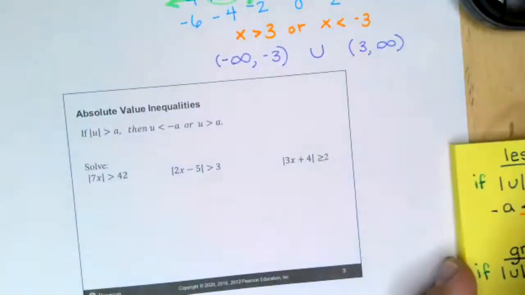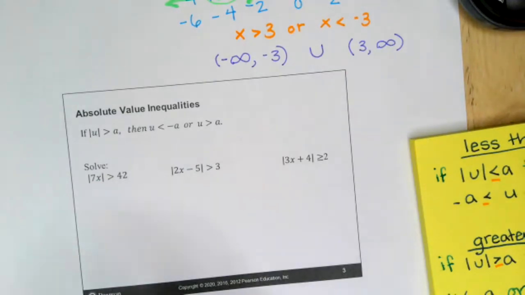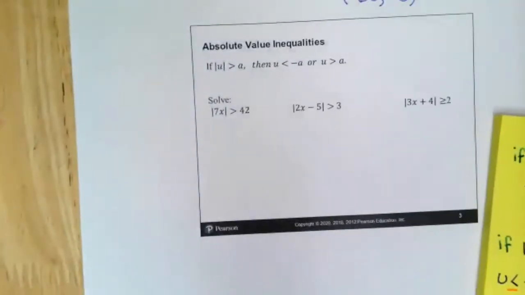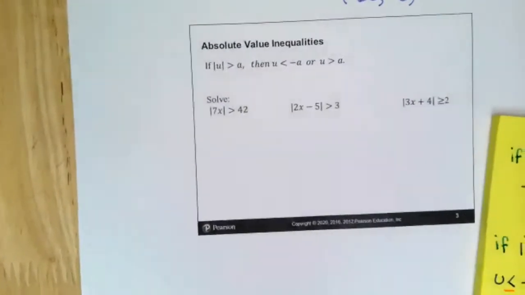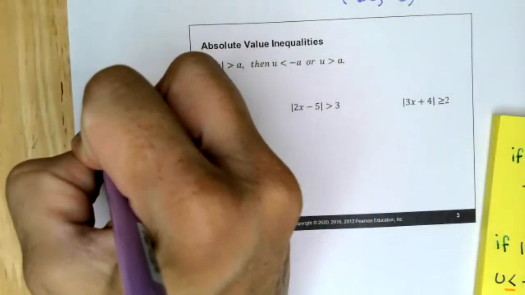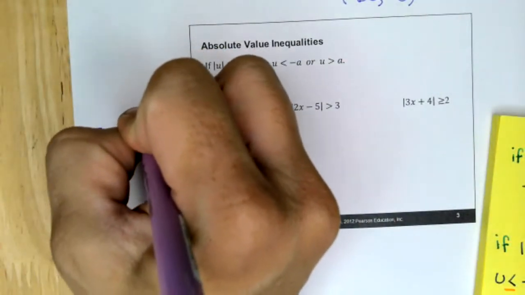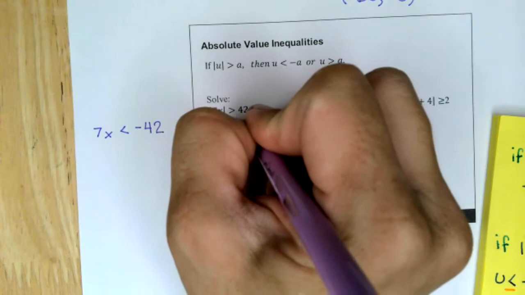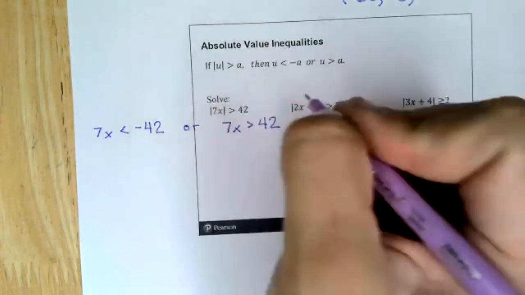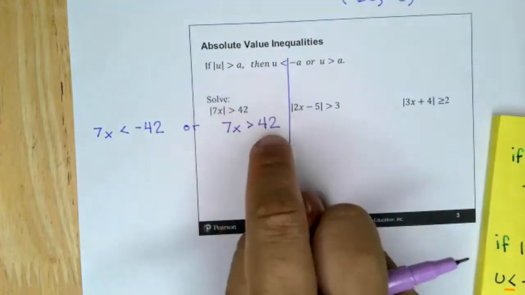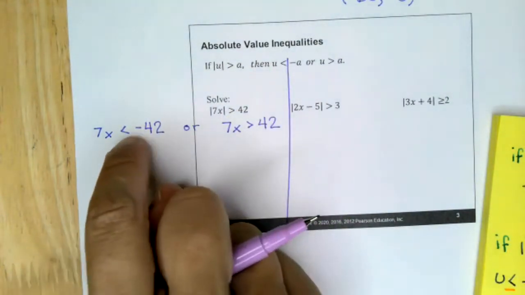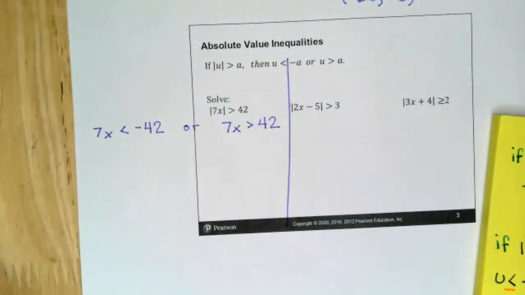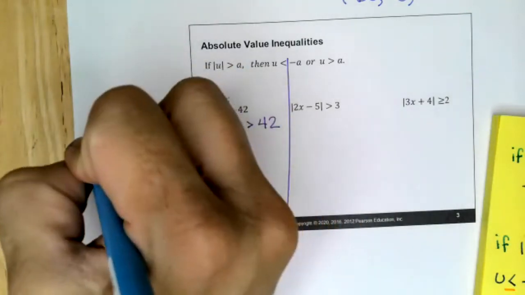So the absolute value of 7x is greater than 42 means 7x is less than -42, or 7x is greater than 42. Exactly what I already had. Or we flip the symbol, change the sign. Right? Now I just need to solve for x.